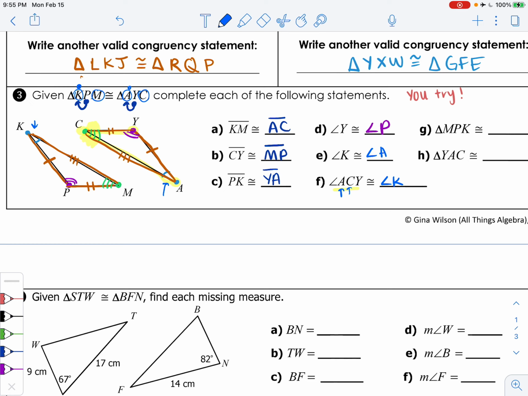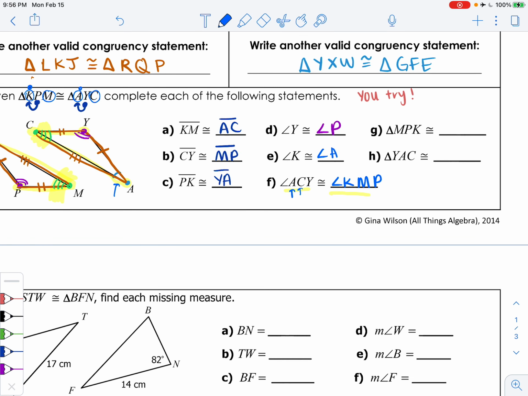So I should go to M next. And last was the center letter Y, and so it should be the center letter P. If you want to check this, then trace over KMP. K is here, M is here, P is here. Did that accurately list this angle that we wanted? Yes, it did.